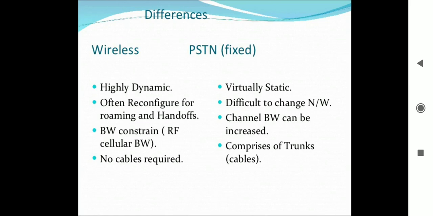Again, the wireless telephone system has a configuration for roaming and handoff, but in the PSTN it is difficult to change the network. You cannot change the network system easily. So these are some comparisons from different application points of view and characteristics.